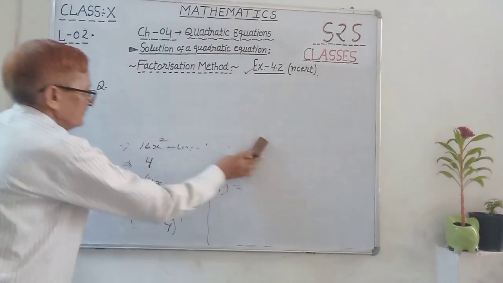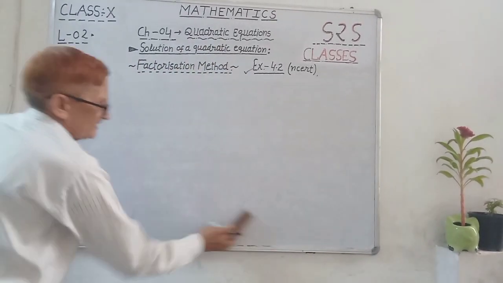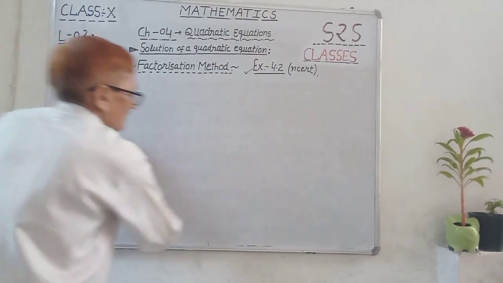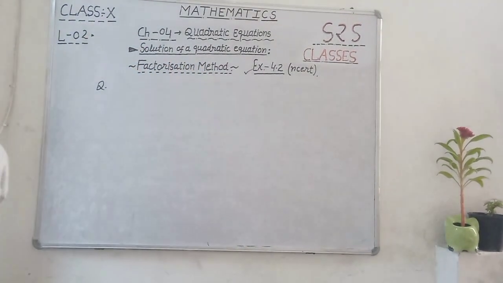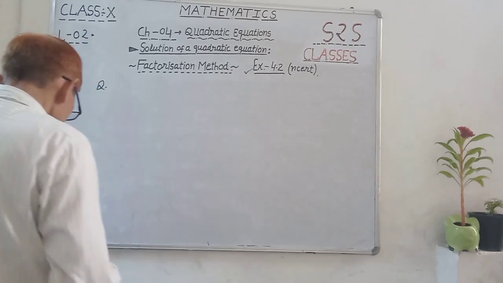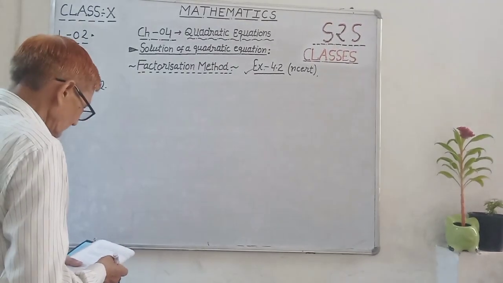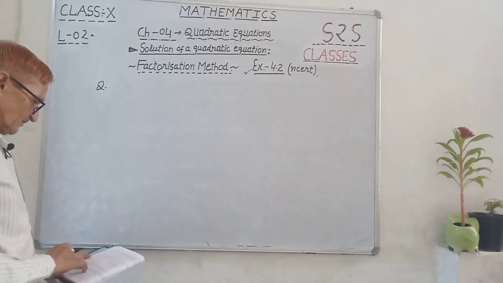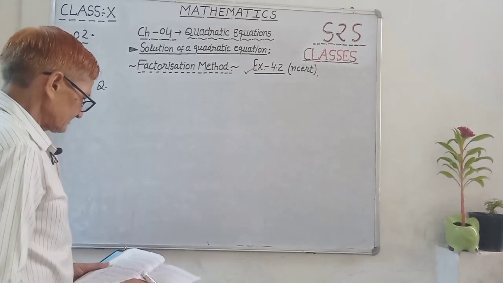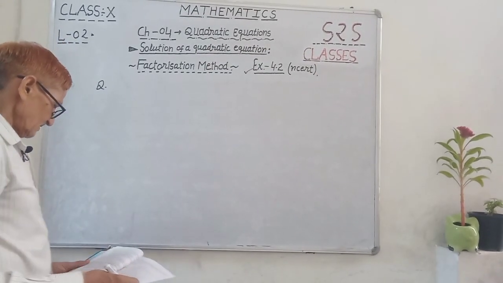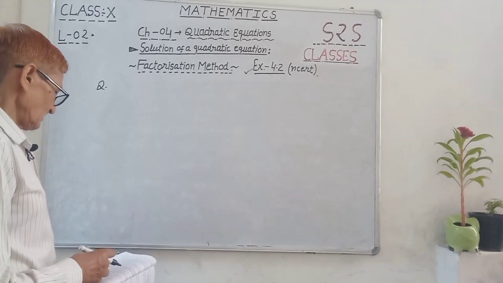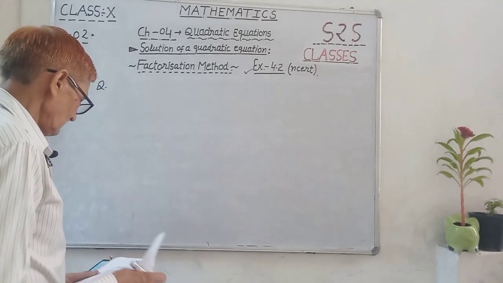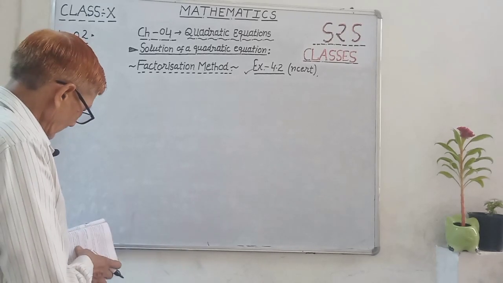In question number 2, you see the NCERT book, and in that question, solve the problem given in example 1. So which question is given in example 1? We can see example 1, which is given in your NCERT book, that is question 2 here.